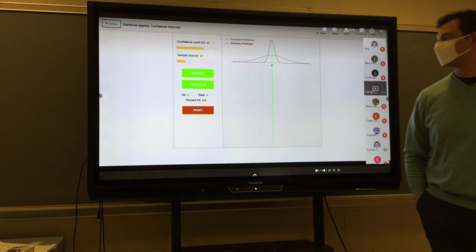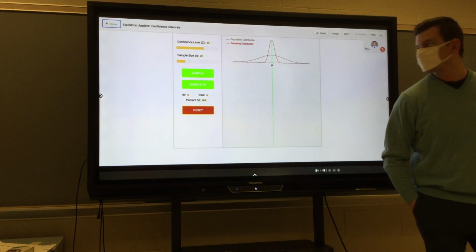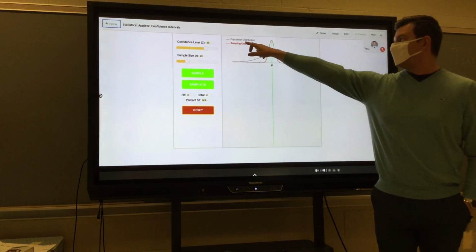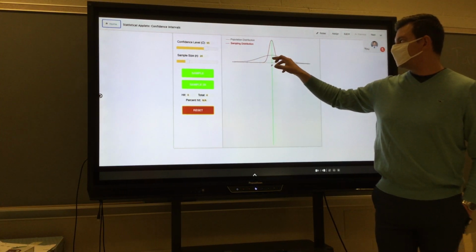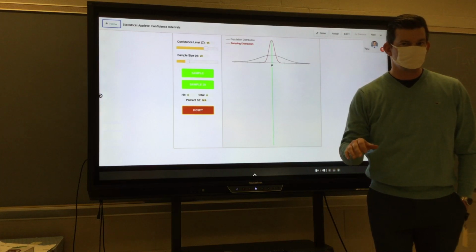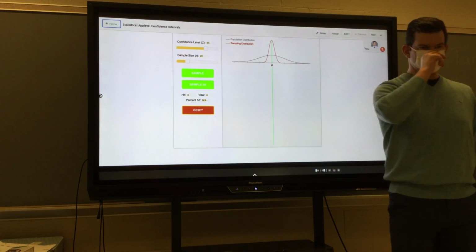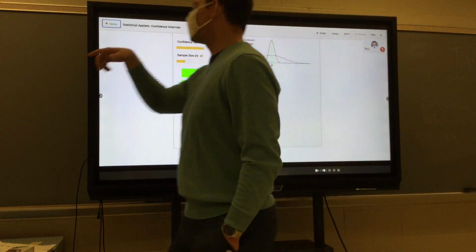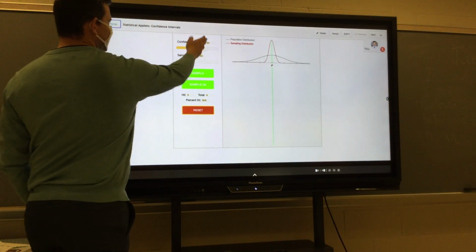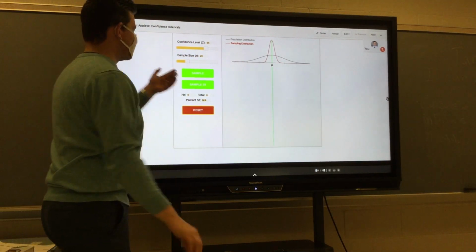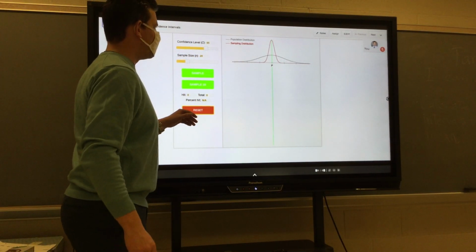Okay, so this is kind of like a simulator that we had seen last week. Now, we have two normal curves here. The gray one is the population's distribution. The dotted red one is the sampling distribution. And you can see we have a couple bars here. We could play around with these values. We're going to leave it as 95% level of confidence. Our sample size doesn't really matter for us here.